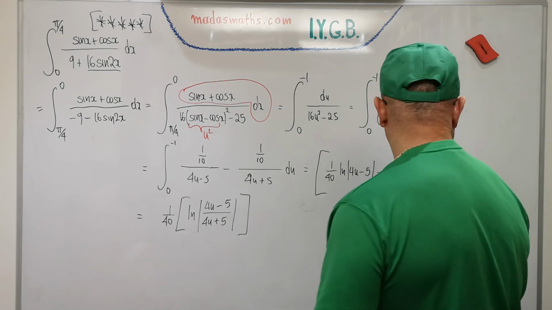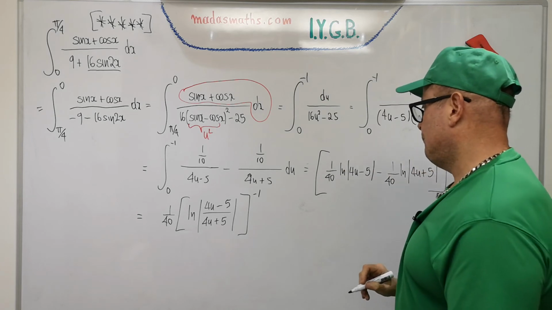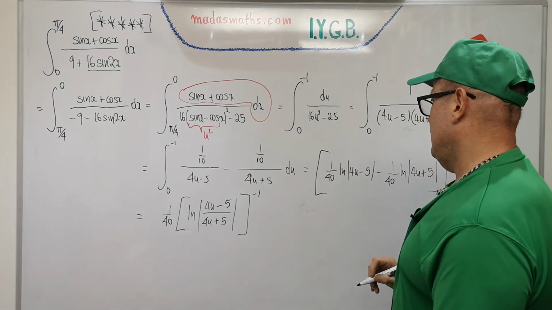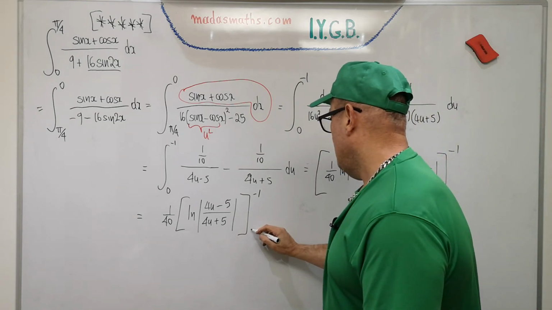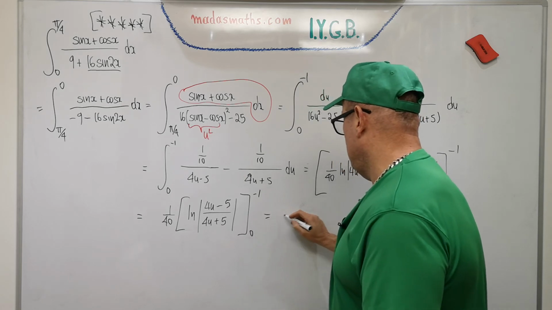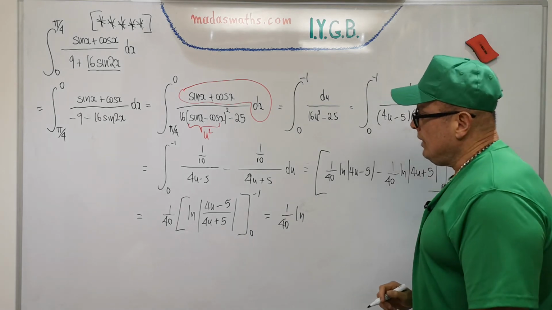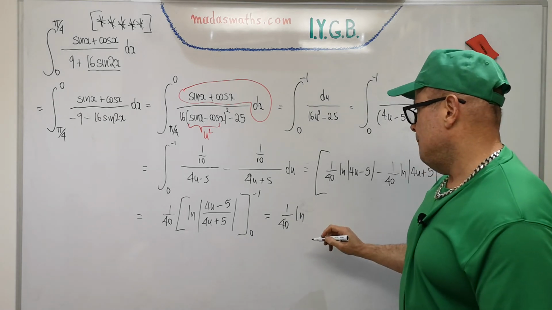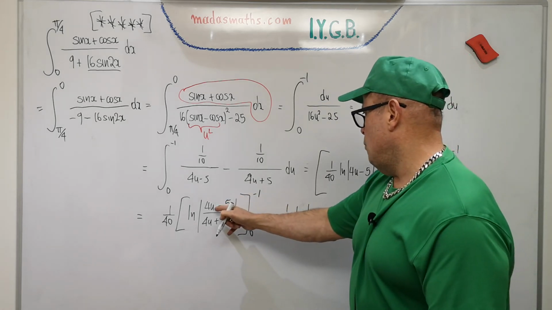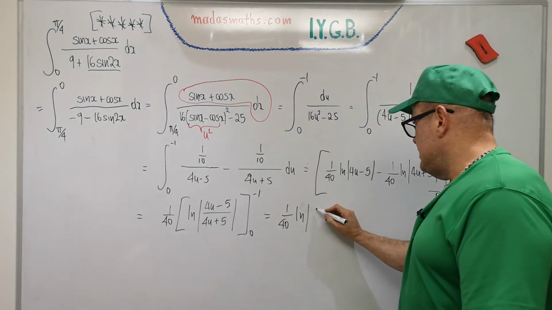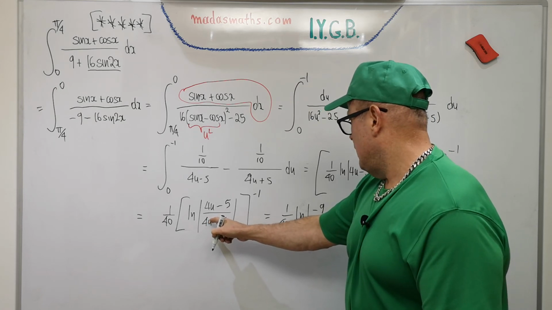limits between what is my u now? My u is going to be minus 1, and for the other, putting u is equal to 0. Sorry, I put minus 1 and 0, which is 1/40th, and I'm going to get the log of, when I put minus 1 in there, on the top minus 1 minus 5, which is minus 9, and on the bottom, we're still on minus 1.